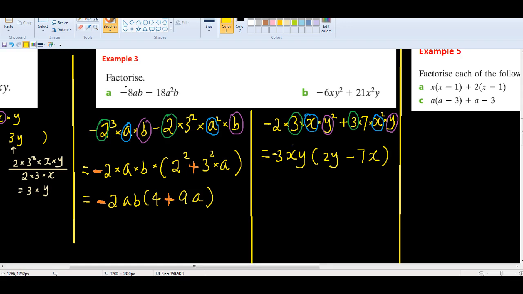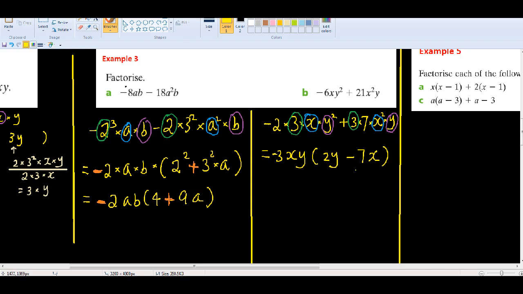After you take out minus 3xy, the leading term will become positive, because a negative term divided by a negative HCF becomes positive. That makes sense, right? Second term, 21x squared y, if you divide by minus 3xy, it becomes minus 7x, because positive divided by negative becomes negative.